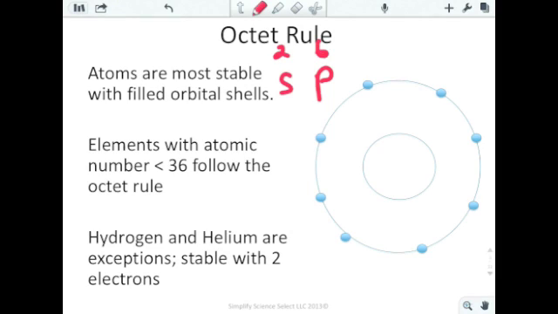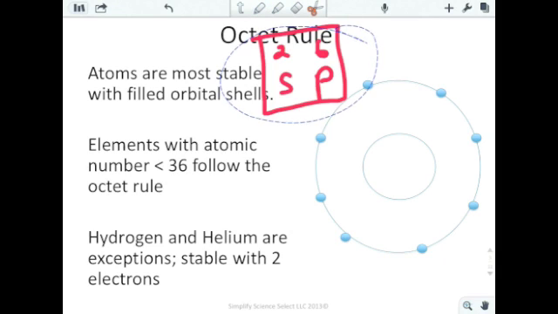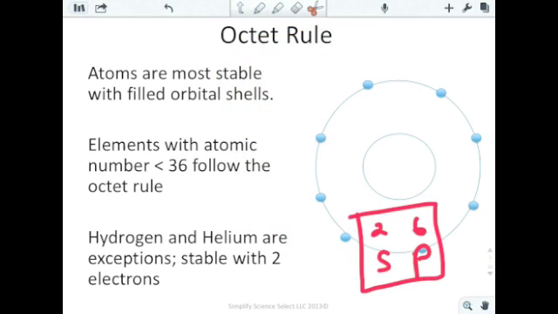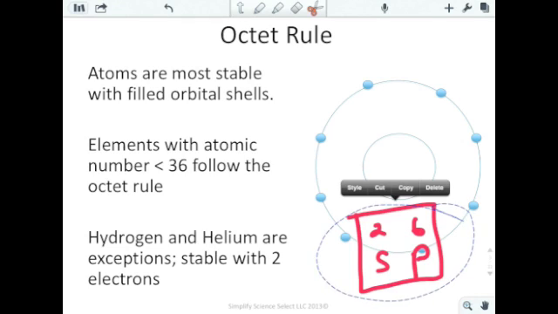When the s and p are completely full, we have a total of 8 electrons. These 8 valence electrons, and remember what a valence electron is, it's an electron in the outermost energy level. When we have these 8 valence electrons, the atom becomes stable. It becomes happy. You can think of it becoming more comfortable there. That's where it prefers to be.